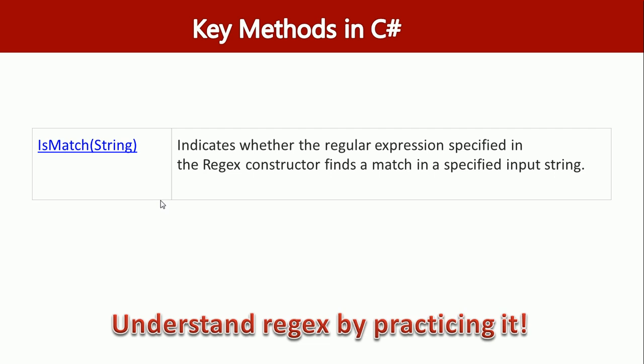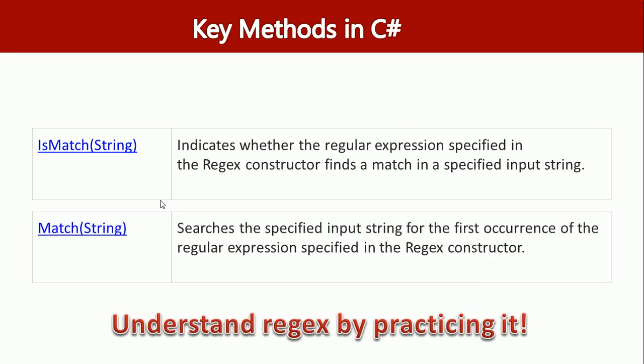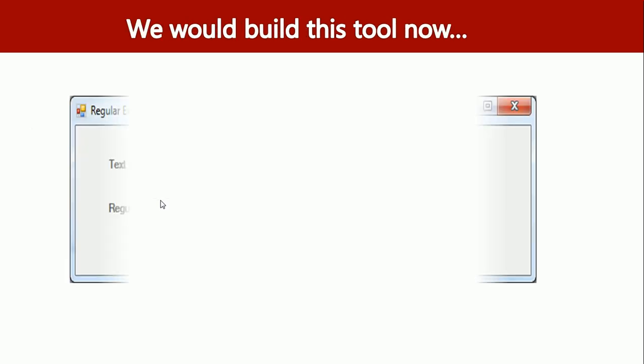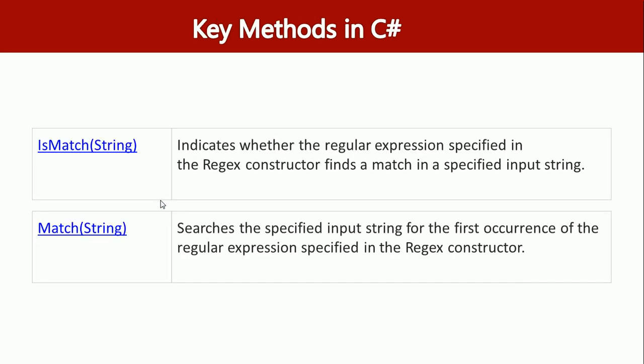One of the methods is IsMatch, which indicates whether the regular expression specified in the Regex constructor finds a match in a specified string. We also have Match, and Matches. Okay, when we start using it, it becomes clearer.